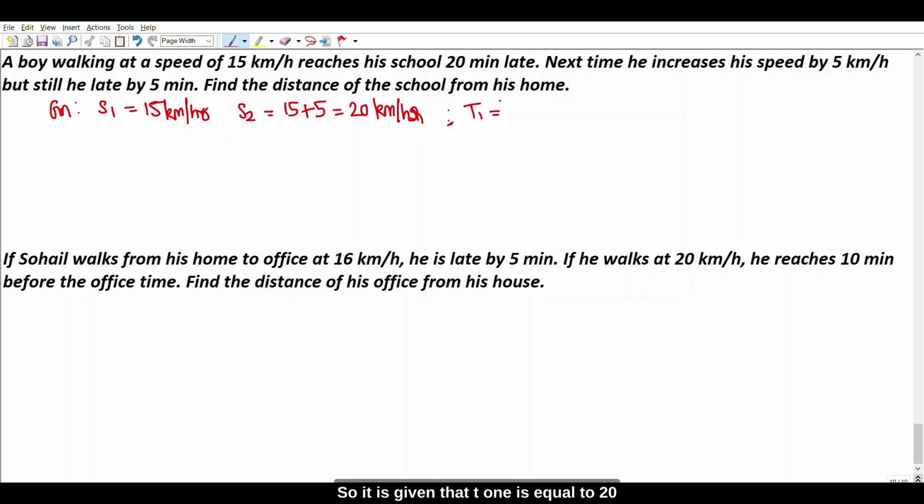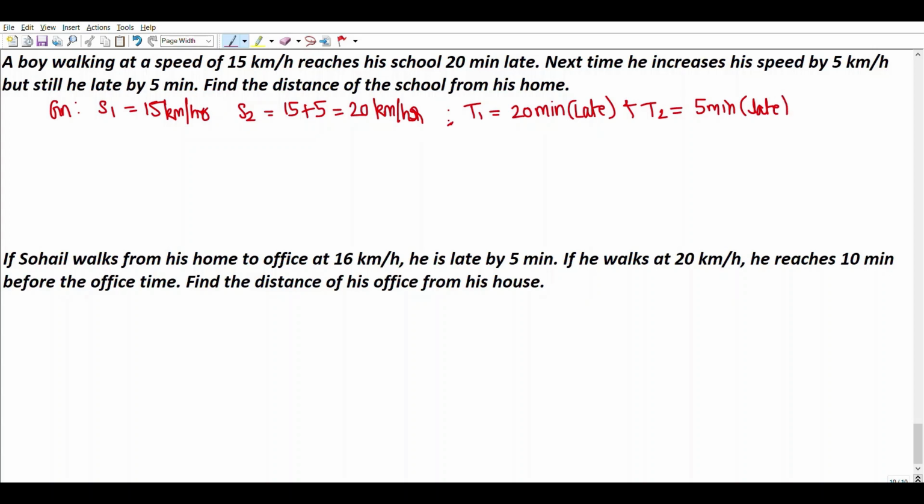T1 is equal to 20 minutes late and T2 is equal to 5 minutes late. So in such cases, we need to find the distance between the two places, that is school and home.